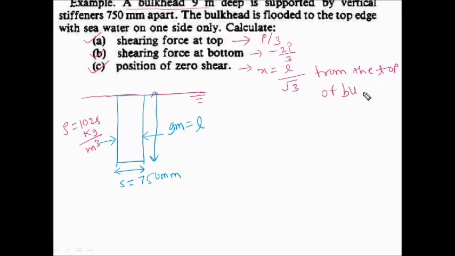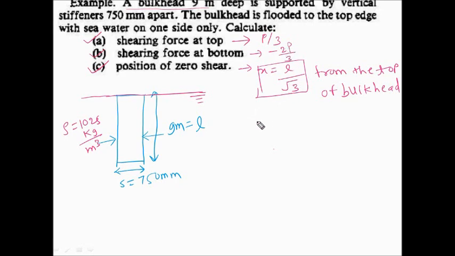This is a very important thing. If you only use this formula and do not give the reference from where you are measuring x, the answer doesn't have any value. So you have to mention that x is measured from the top of the bulkhead.